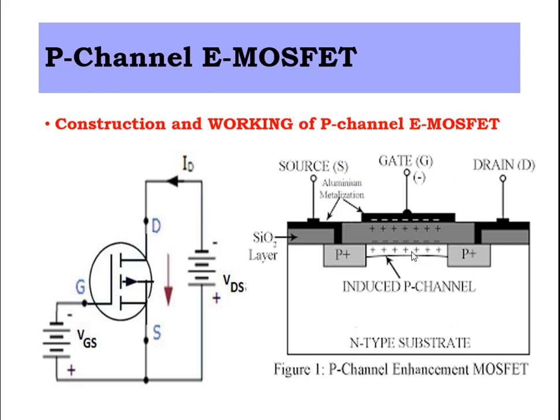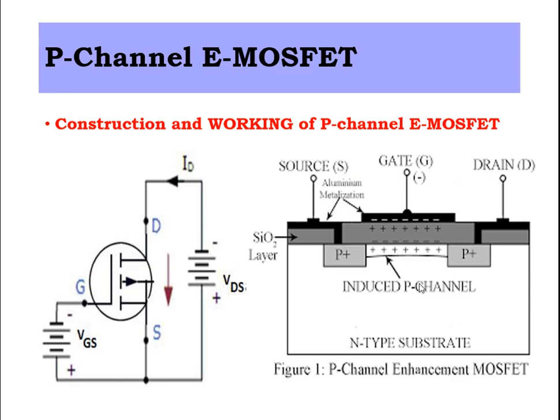Anyhow, these positive charges or holes are not going to cross this SiO2 layer, because we have an SiO2 layer. All the holes are going to be present near the gate terminal and it is not going to get crossed.